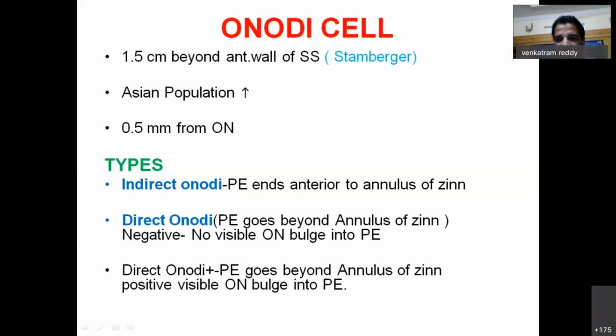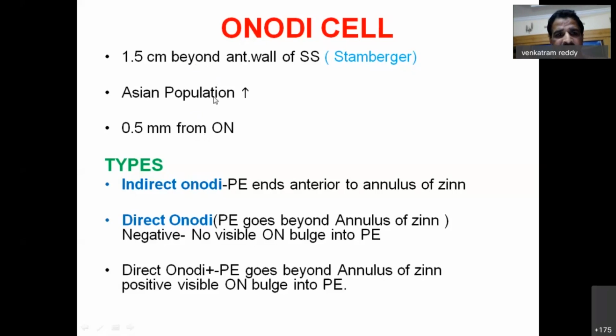A cell going behind or beyond the anterior wall of the sphenoid sinus, at least 1.5 centimeters, is termed an Onodi cell, right? It may be closer to the optic nerve. This is the standard description.